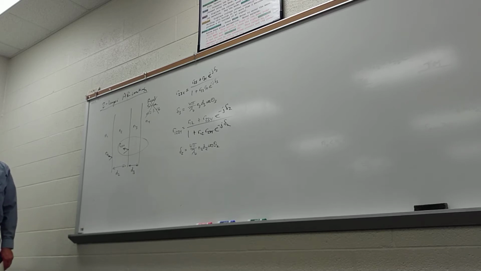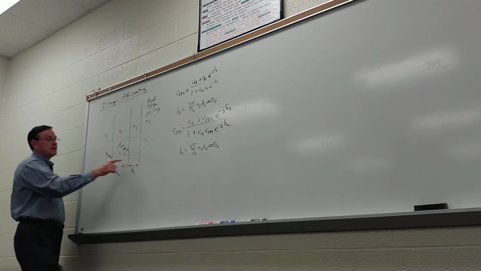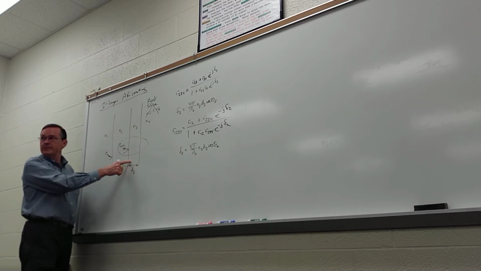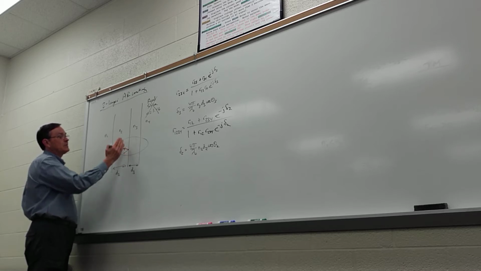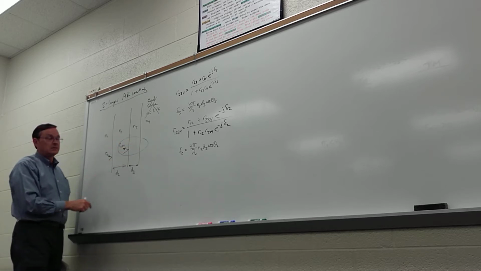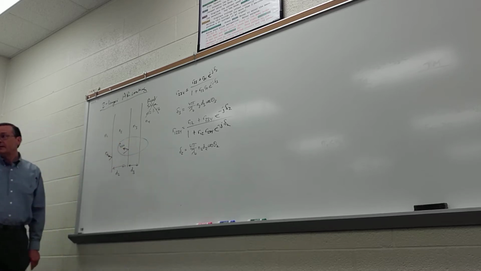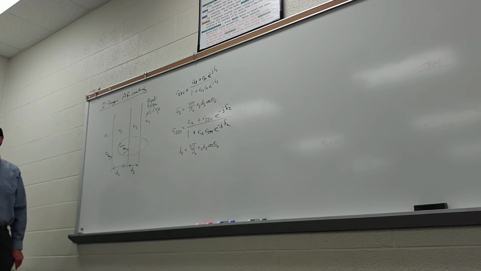I guess I was just looking at why it wouldn't be like D2 plus D3, for example. Well, D3 pertains to this one. Right, but aren't we grouping them all as one? Well, we already know the reflection coefficient from this interface on. Yeah, so R234 already takes that phase shift of everything to the right. And so you're just basically adding that. It's already accounted for. Exactly.